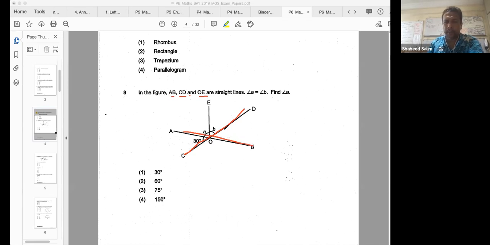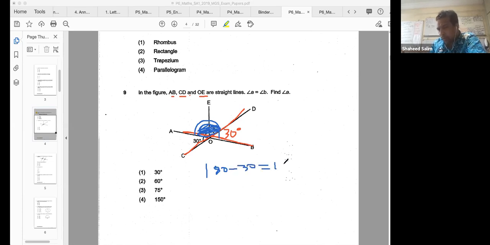This one is 30, yeah? And down here is 180, right? So this thing down here is how much? 150. The blue part is 150. 180 minus 30 is 150.